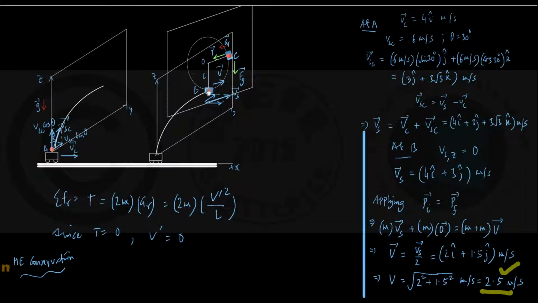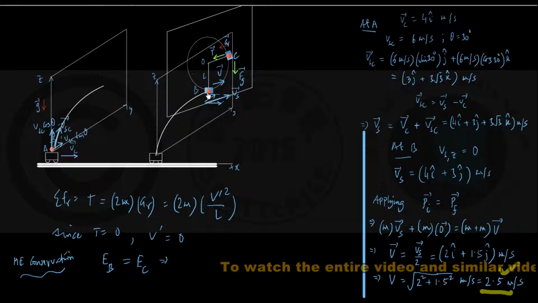B is the lowest position of this combined mass in a circular path. Let me assign a value of 0 to the potential energy of the system at position B, and therefore we might write down that between the points B and C, mechanical energy at B must be equal to mechanical energy at C. What is mechanical energy at the lowest position B?